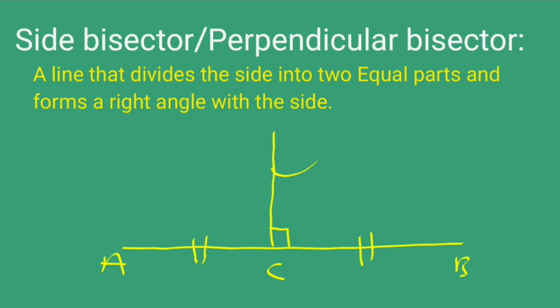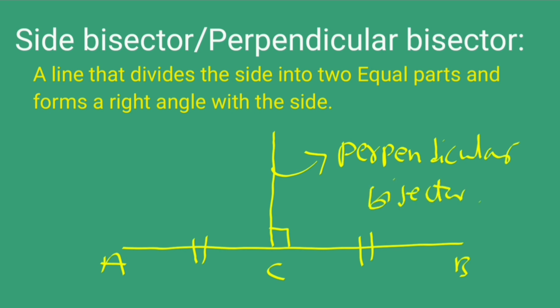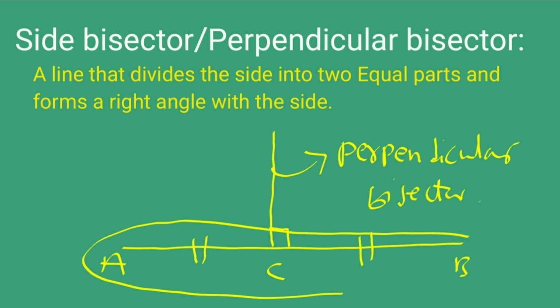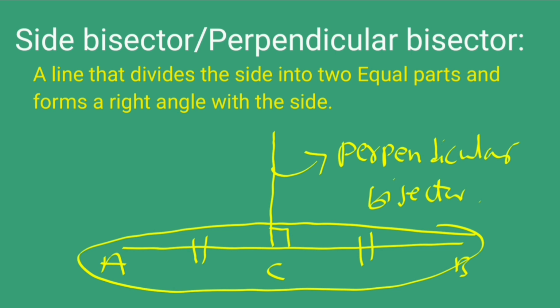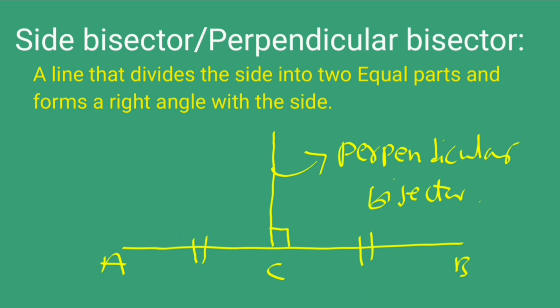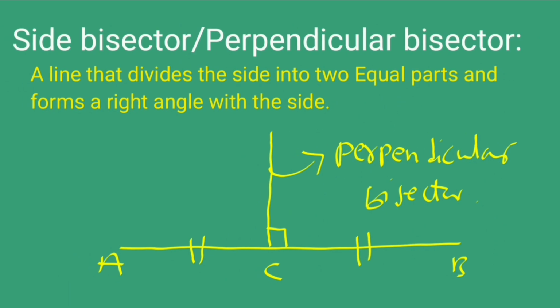Now this line is called perpendicular bisector. A perpendicular bisector is a line that is perpendicular to the opposite side and divides this opposite side into two equal lengths, that is AC length equal to CB length. This line is called perpendicular bisector.